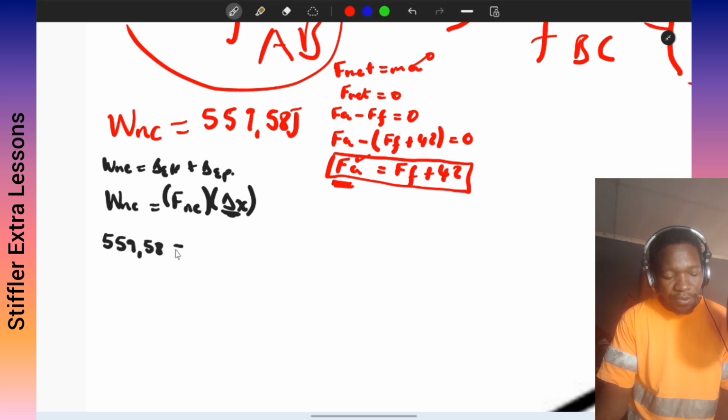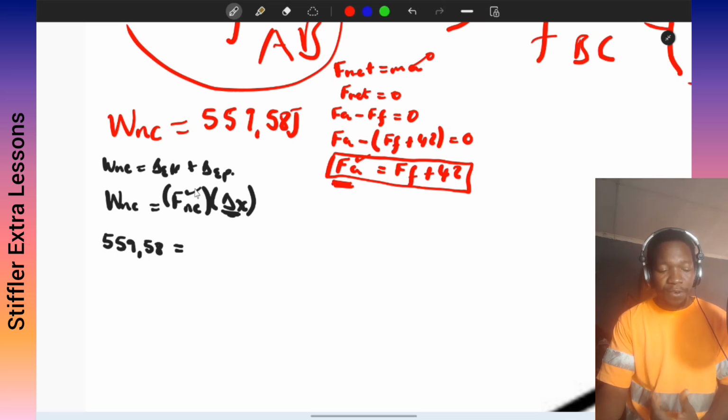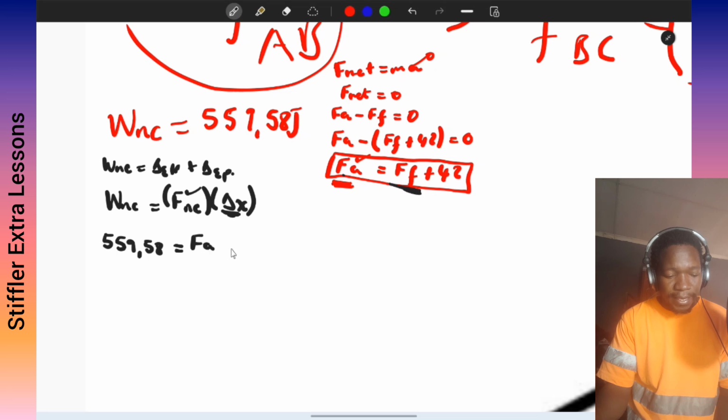559.58 is equal to, and here we know that we have two forces: force applied and frictional force. So we can substitute force applied minus frictional force. Why are we saying minus?